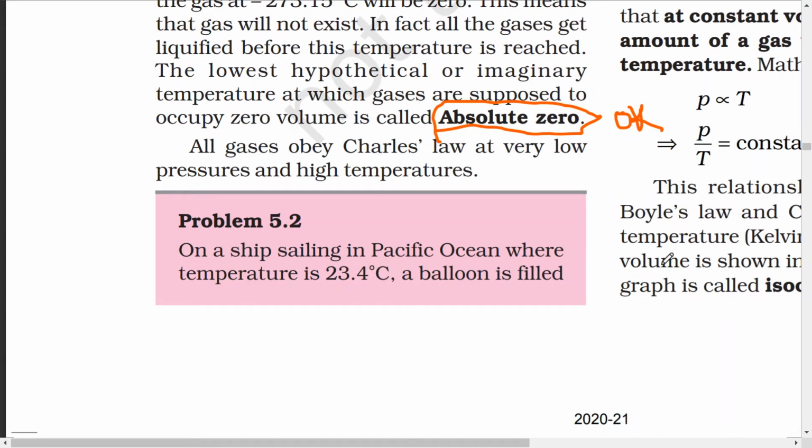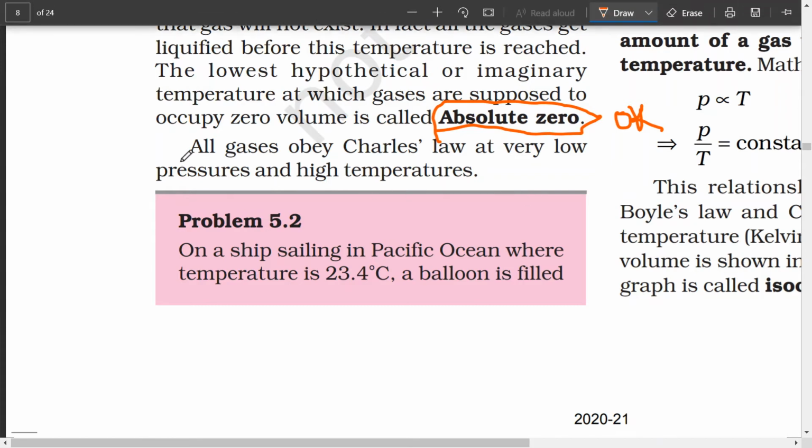All the gases obey Charles' law at very low pressure and high temperature. What this means is that Charles' law also has conditions, right? If they don't lie in this condition, gases won't follow this.